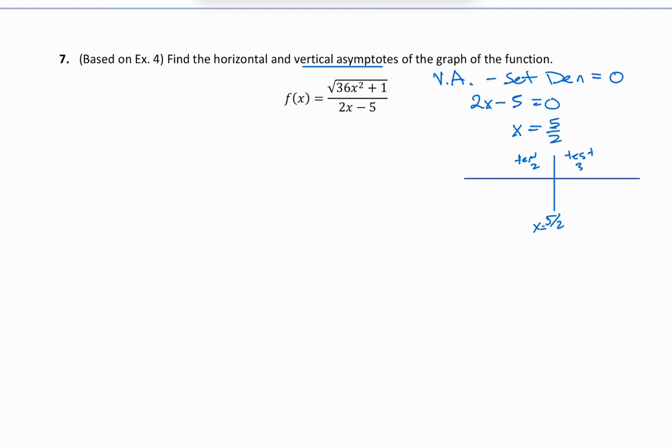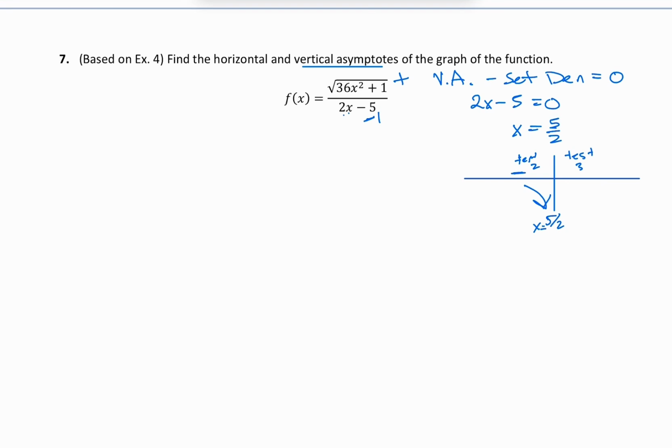If we test a 2, we know the numerator is always positive, so we really just have to check the denominator. Plugging in 2, we get 2 times 2 is 4, minus 5 is -1. So this is negative, which means my end behavior here must be going down.